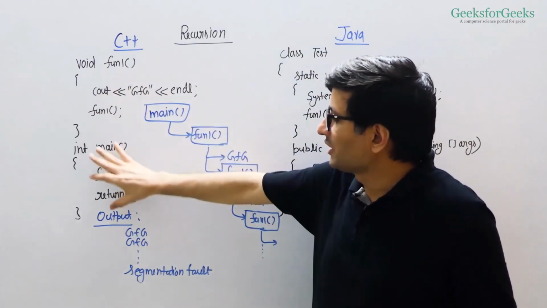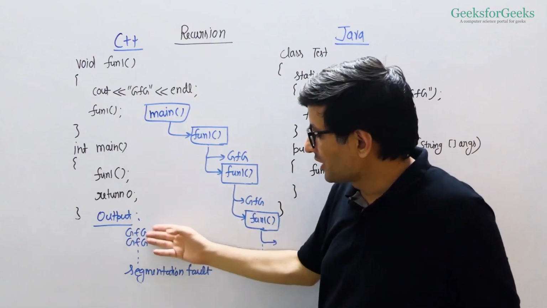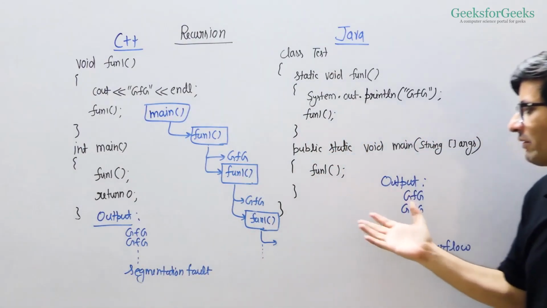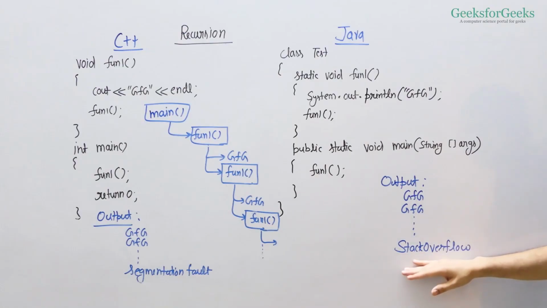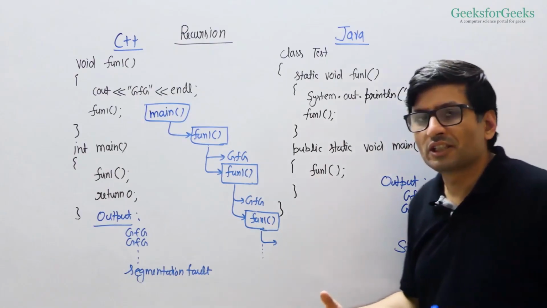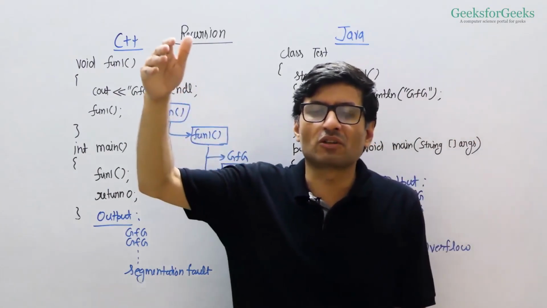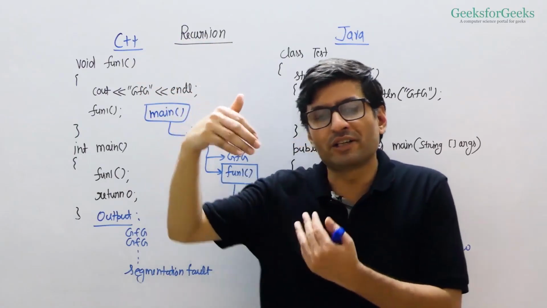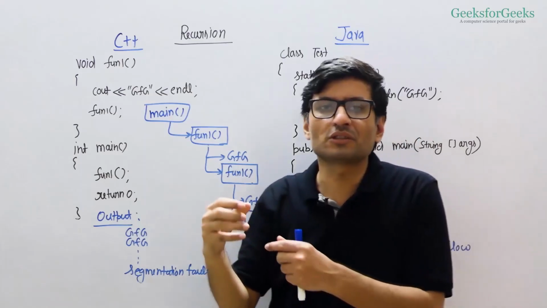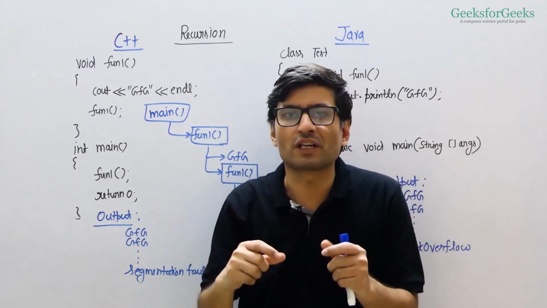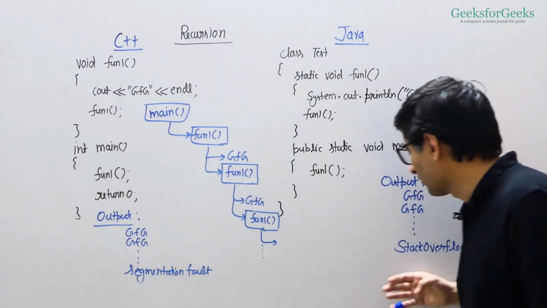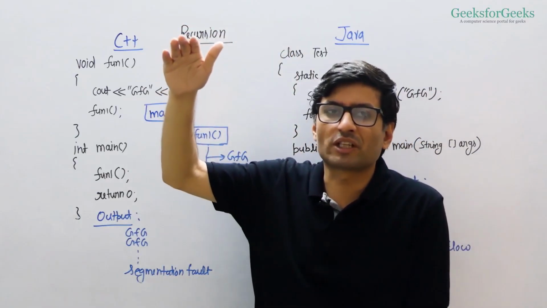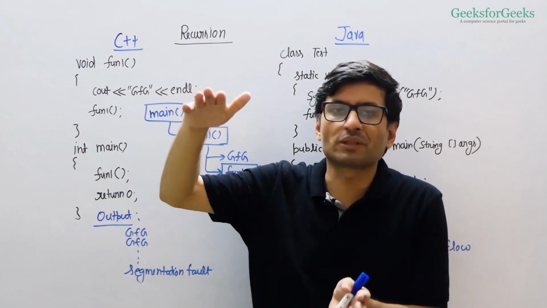On a GCC compiler in C++, you get gfg, and then you get a segmentation fault. And when you run this Java program, you get gfg, and then a stack overflow. The reason is you have made so many function calls waiting to finish their execution, and internally compilers use stack frames to store the function data. That's why we are getting a stack overflow error. After some function calls, the stack frames, or the memory allocated for the function calls, become full.